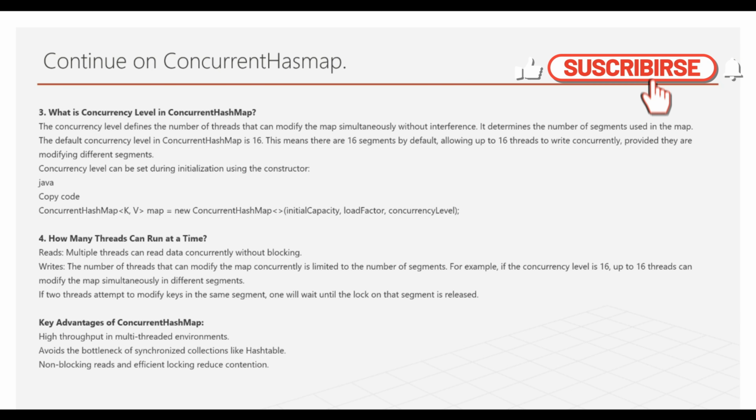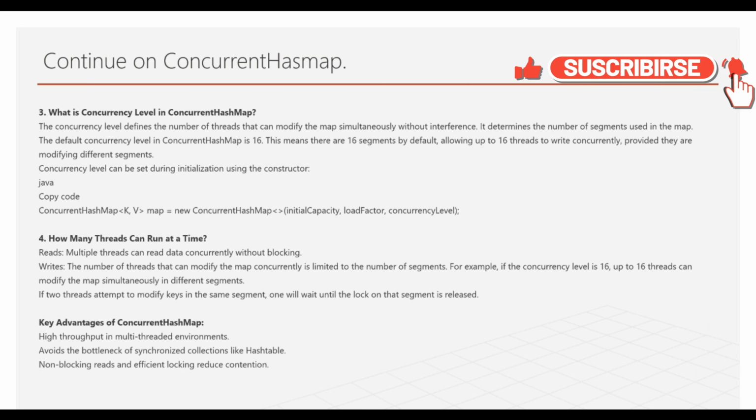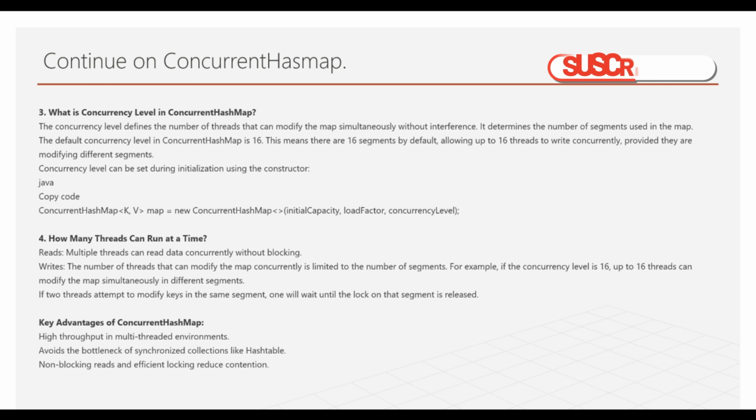So, in summary, what exactly a concurrent hash map does is that the basic benefit is it is highly used in the multi-threading environment. There is a big benefit of high throughput, right?